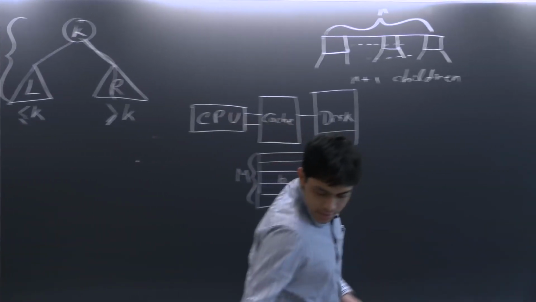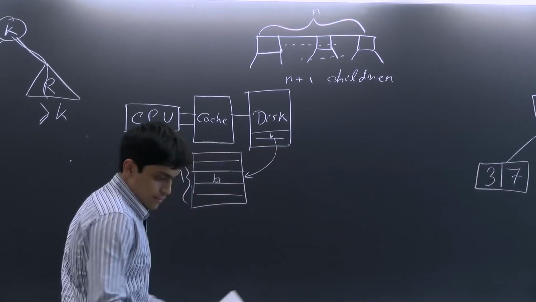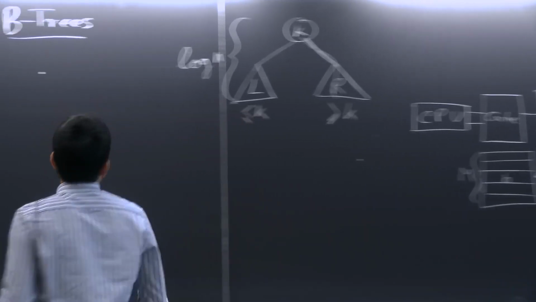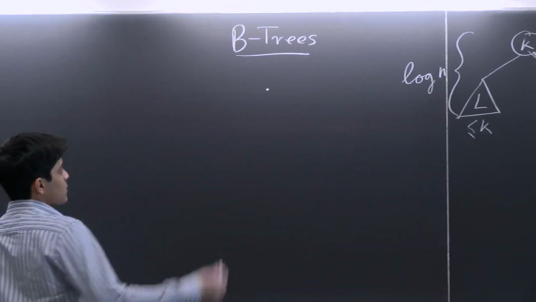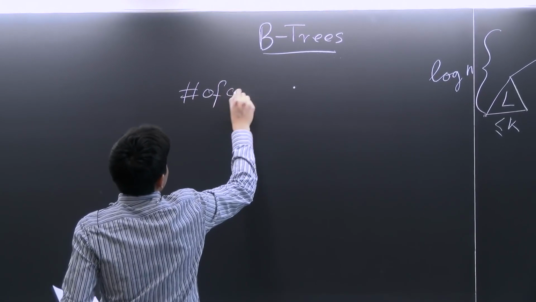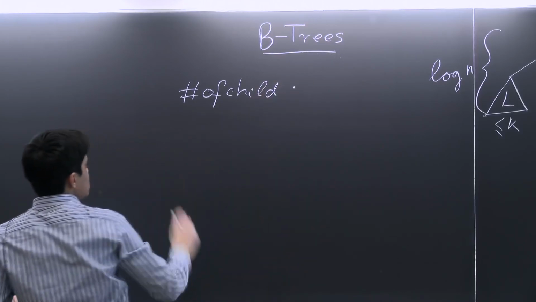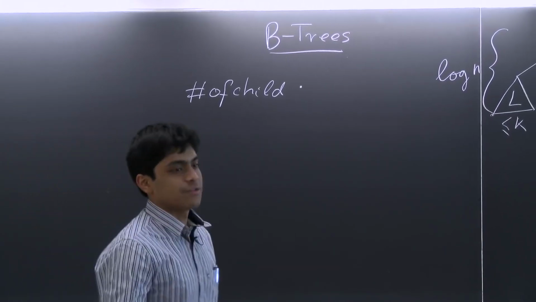So let's write down the specifications for B trees now. Number of children. First of all, a B tree has something called a branching factor.